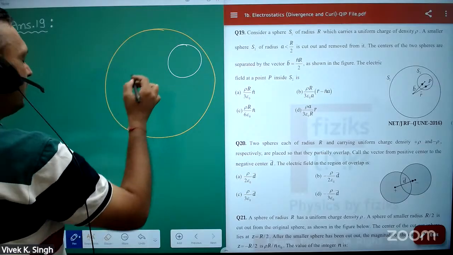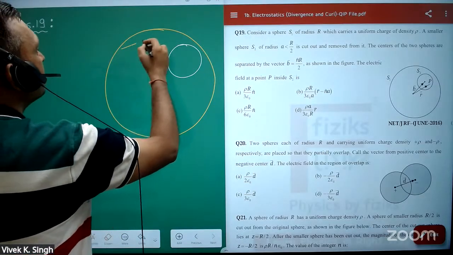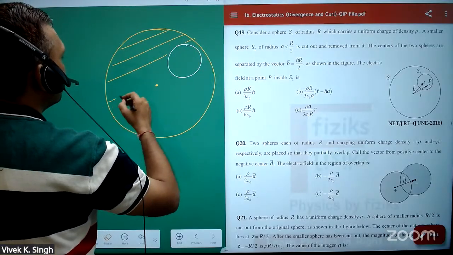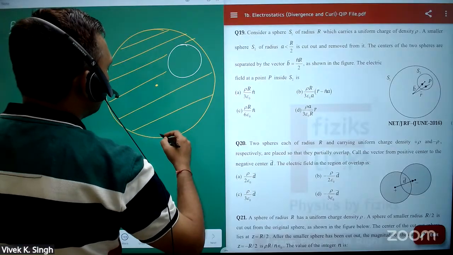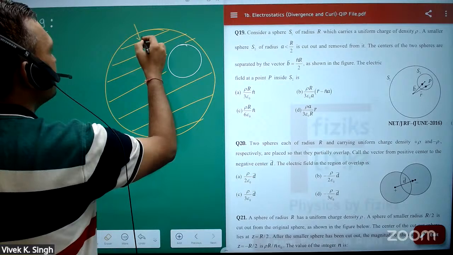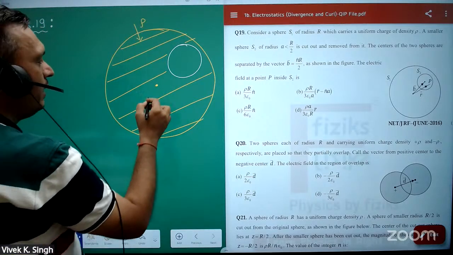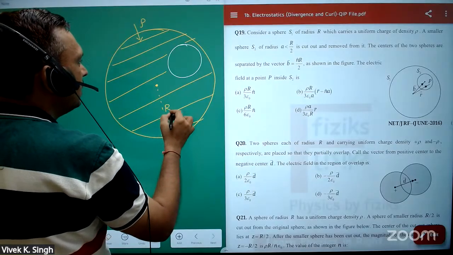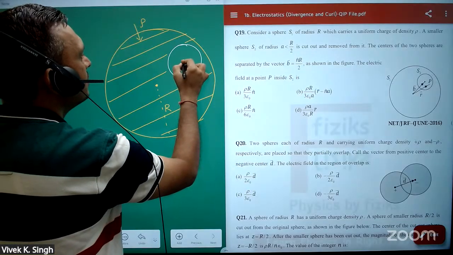So this charge density is rho and its radius is R. This will be its center.